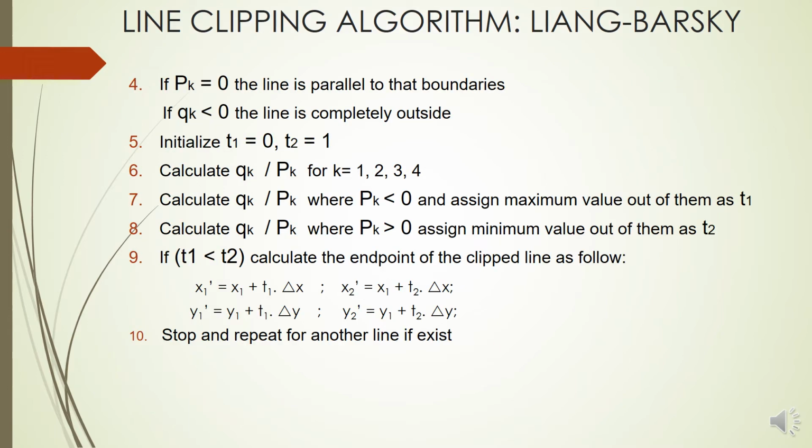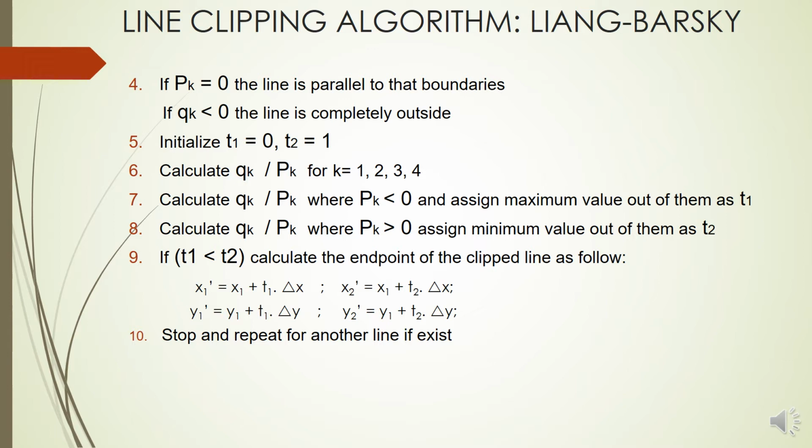In the next step, we have the conditions to check, starting with whether pk is equal to 0. pk is what you calculated in the previous step. If any value of pk is equal to 0, it shows that the line is parallel to that boundary.